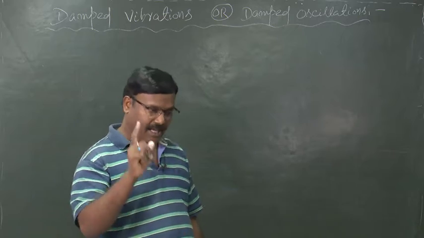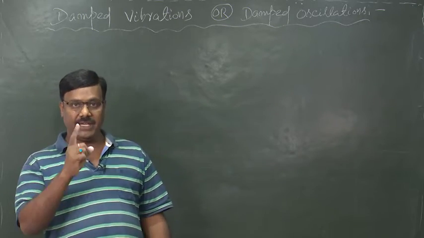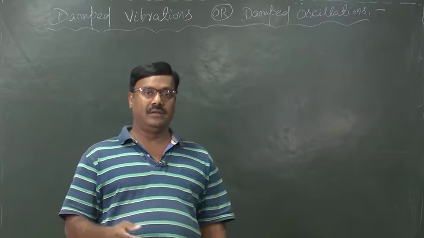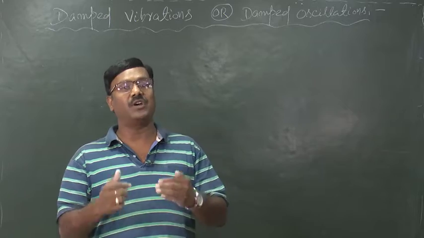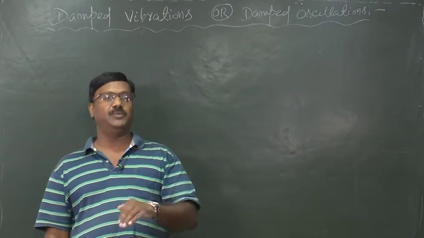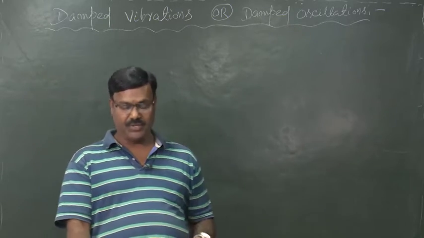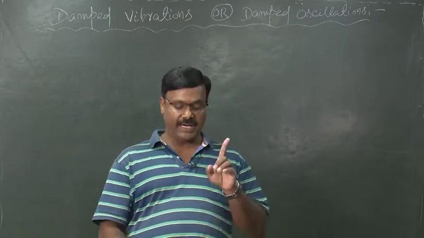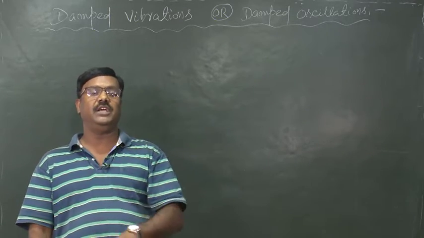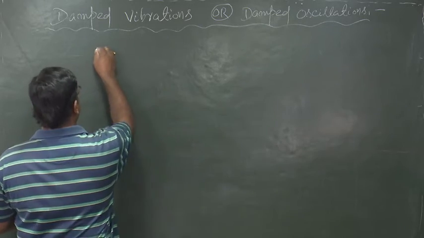Now, if we consider the oscillation of a body in a resistive medium, it will face two types of opposing forces: one due to the restoring force and the other due to the resistive force of the medium.